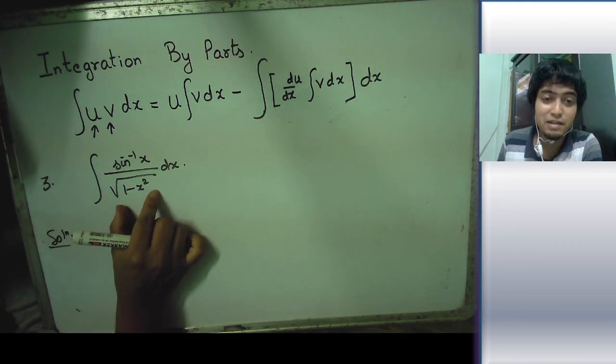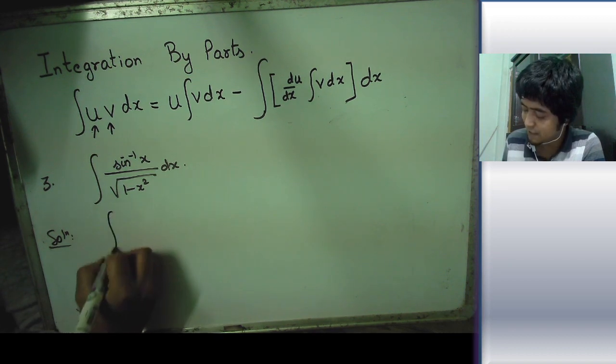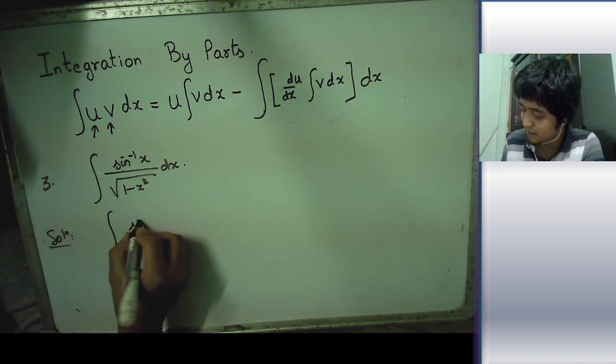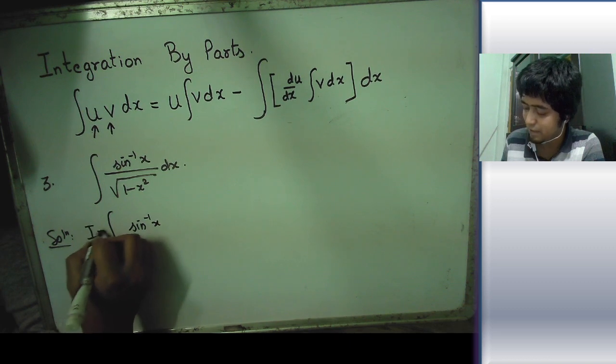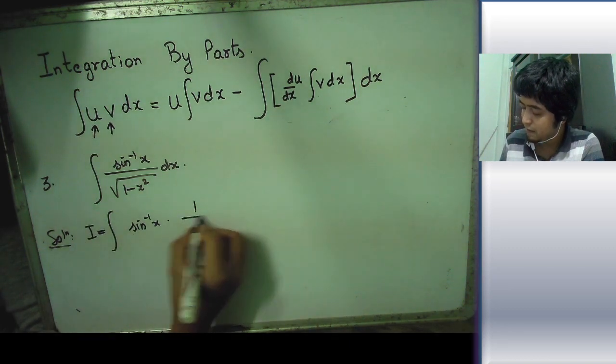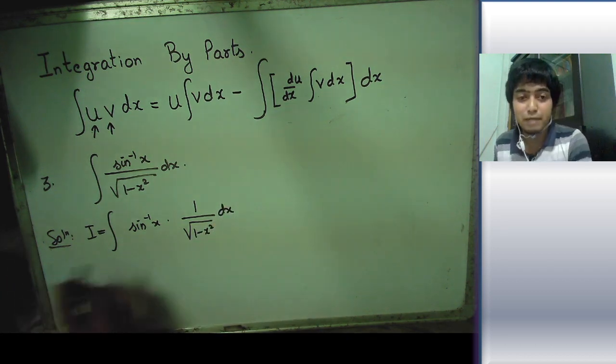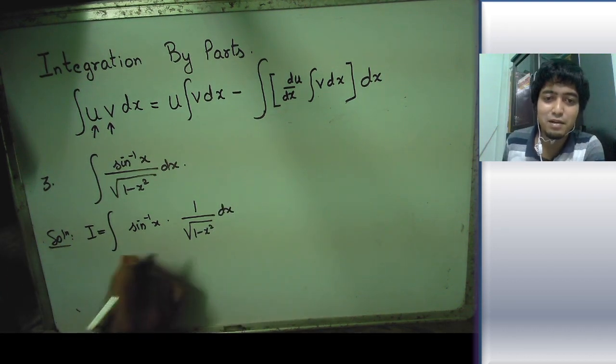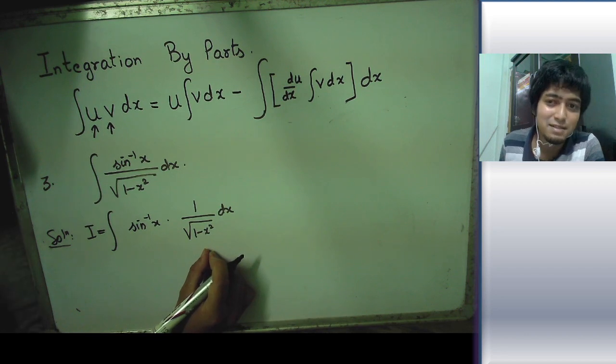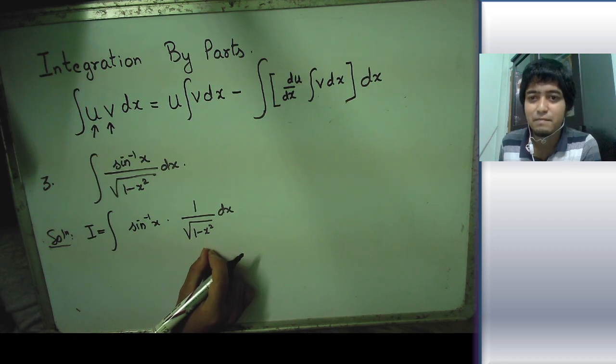To you, it may not be clear that this one is in fact a product of two functions, because we can actually write down this one as sine inverse x times 1 over root of 1 minus x squared. When we write it like this, now it becomes a product of two functions. Now it is just a matter of choice. Which one should we choose as u, and which one should we choose as v?